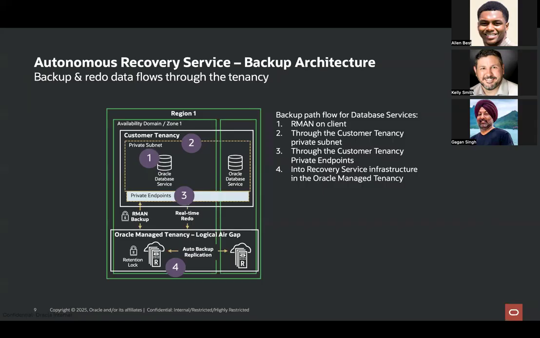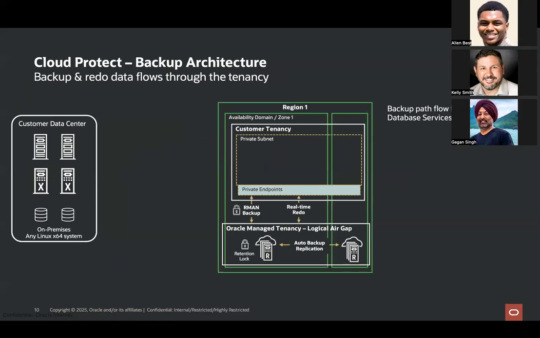And this design is very similar to what we see from a Cloud Protect perspective, because as we go from there to Cloud Protect, now those databases are in the actual data center. In this case, it starts off with RMAN running on your client machine. It is then securely transmitted over FastConnect or the internet, which is always compressed and encrypted.